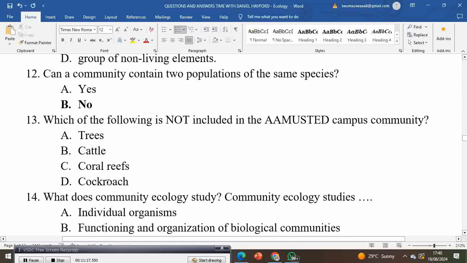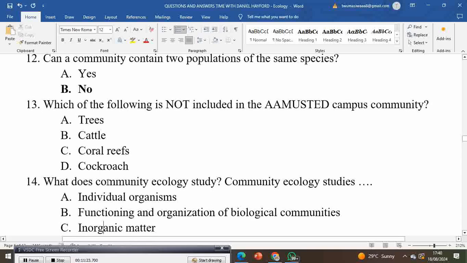Now, which of the following is not included in the Amstead campus community? Maybe those of you who are not students of Amstead, you appreciate the fact that Amstead stands for Akantanapia Menkaya University of Skills Training and Entrepreneurial Development.